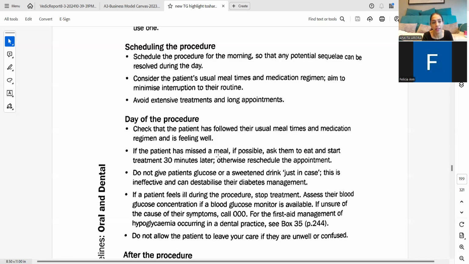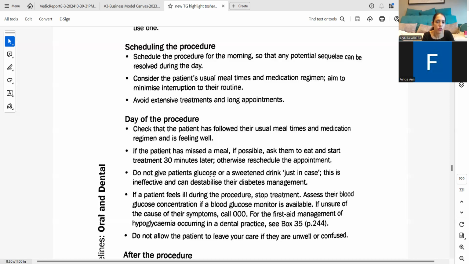But if it's already afternoon, you would not do the procedure the same day, because procedures are scheduled for the morning. So in the morning before lunch, ask them to have a meal and come back within about 30 minutes. Otherwise, the reschedule option is always there.